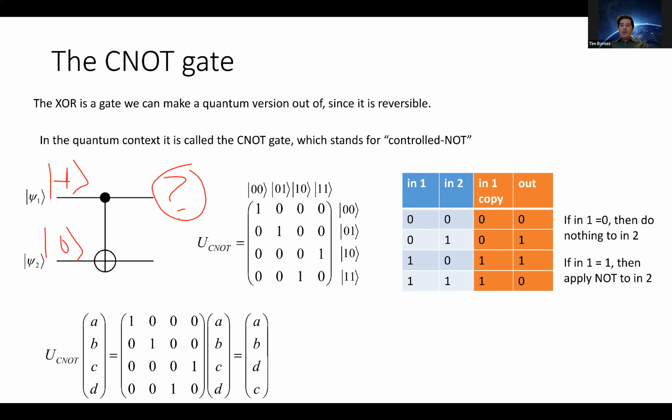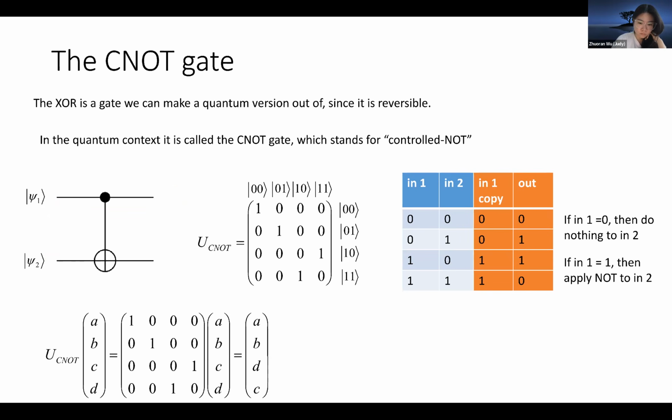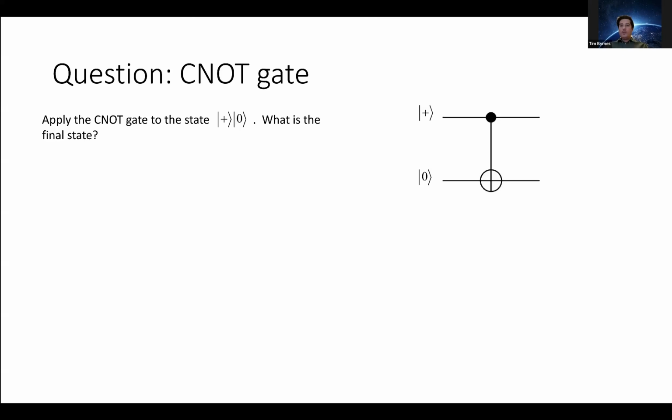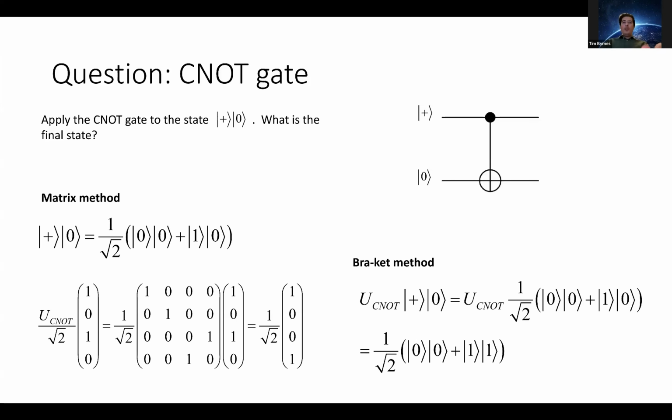You can do this a couple of different ways. Either you can use a matrix method. When you write plus and 0, the first one is a superposition of 0 and 1, so the two states involved are the 0, 0 and 1, 0 states.